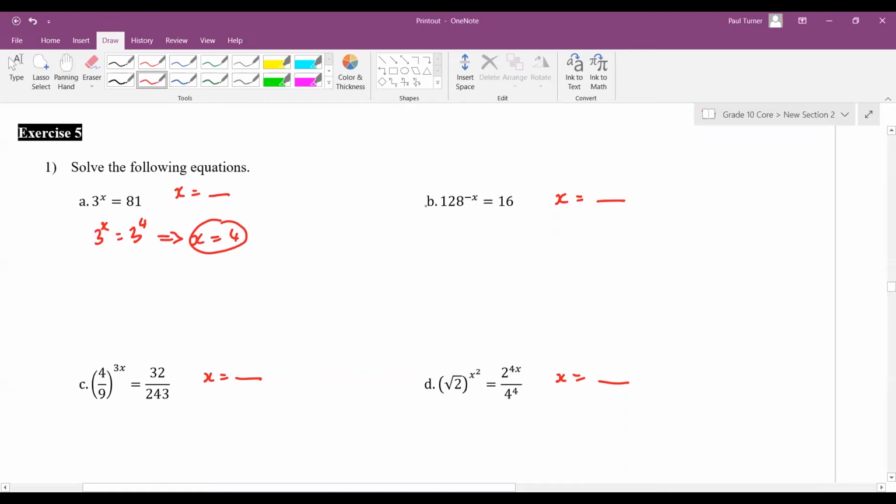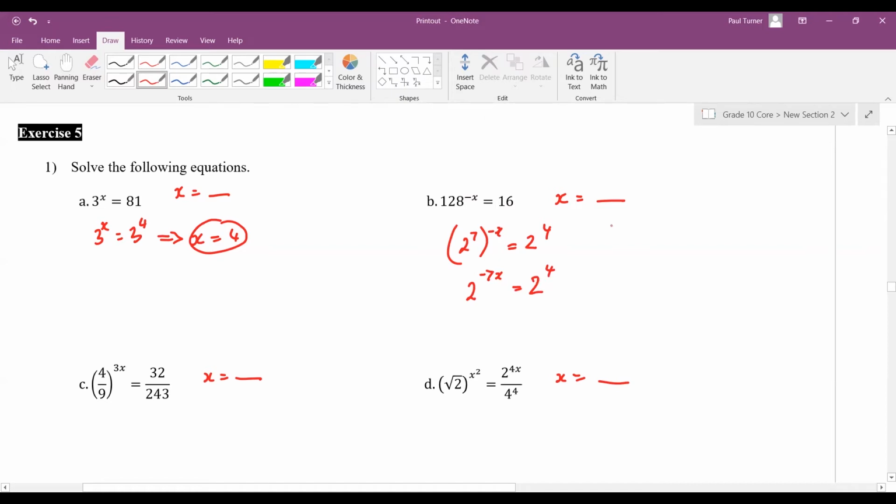Okay, in this case, we got 128. Now, I don't worry about this being negative. We can deal with that later. But the 128 is 2 power 7 minus x. And 16 is 2 power 4, like that. And so you'll get 7 times minus x, minus 7x, is 2 power 4.